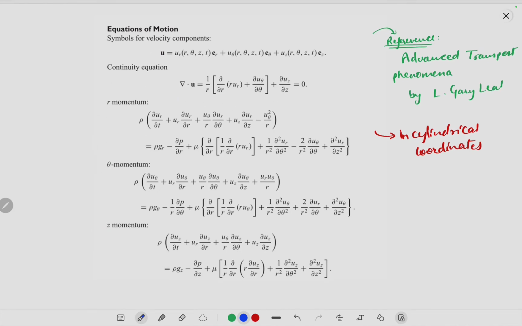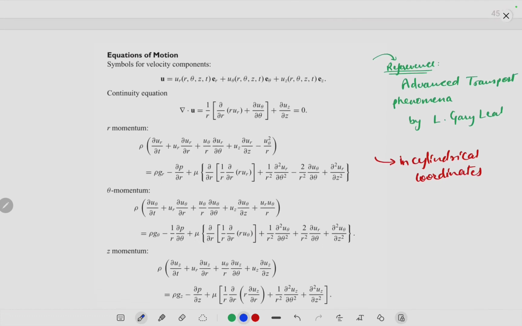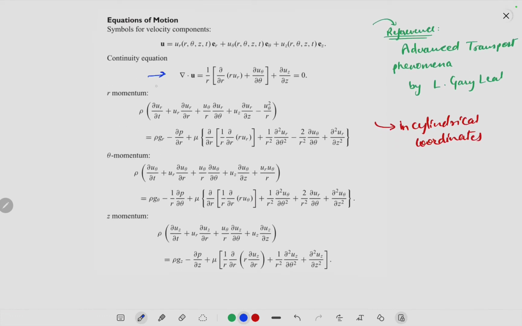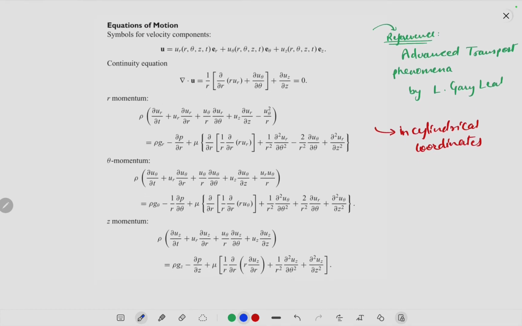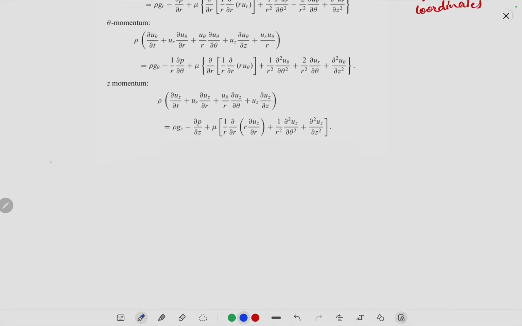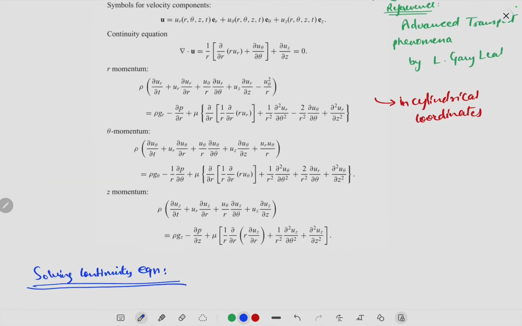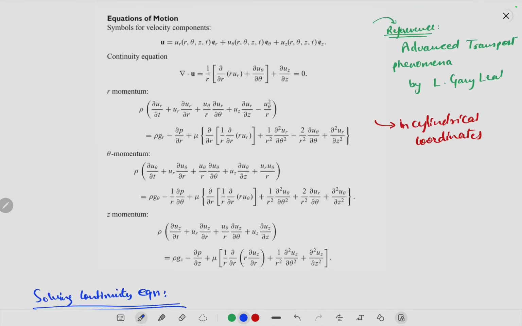Alright, so now let's first apply this continuity equation in our problem. Solving the continuity equation, we have 1 by r del by del r of r ur plus 1 by r del u theta by del theta plus del uz by del z equal to 0.